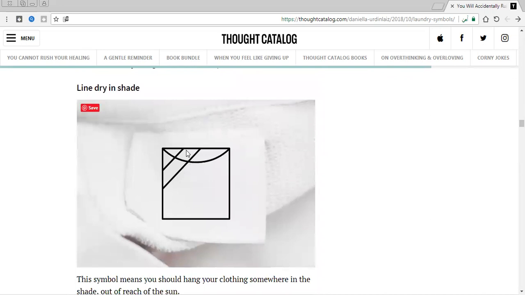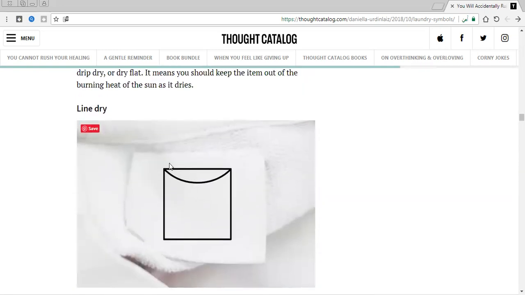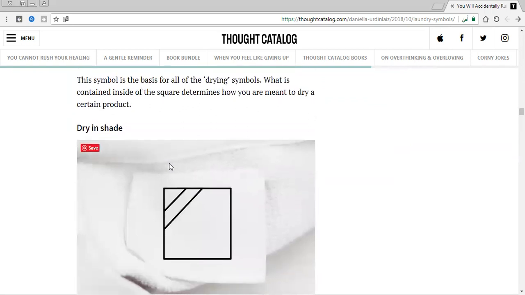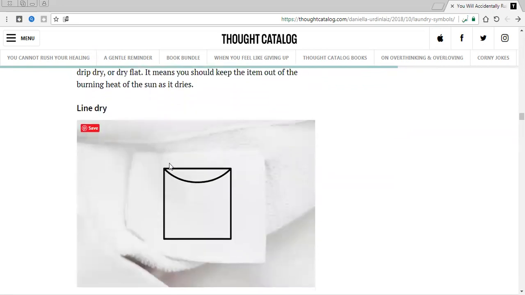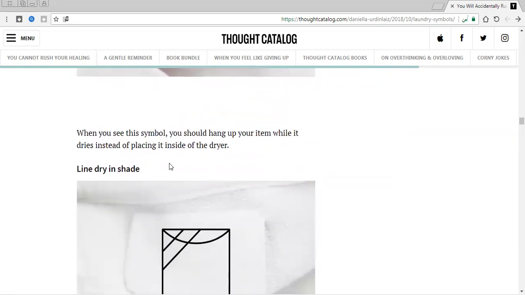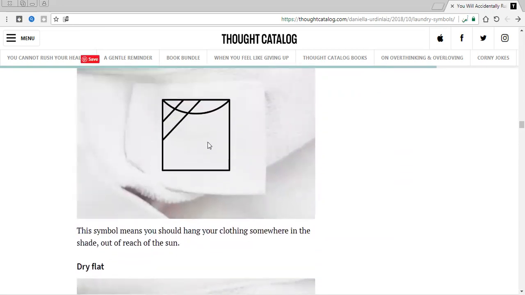We have two lines and a third line here. So you notice that this symbol is a combination of this symbol and this symbol. So that means dry in shade and line dry also. So line dry in shade.